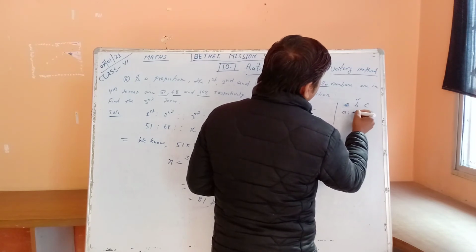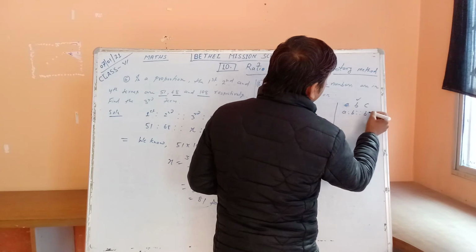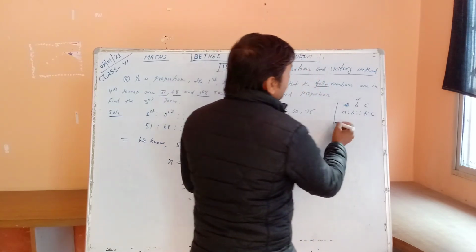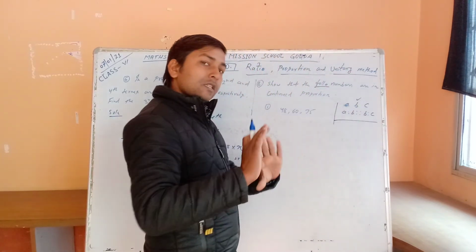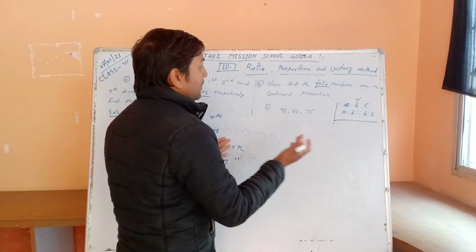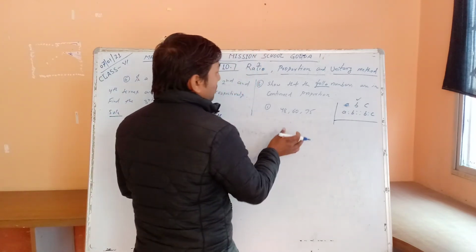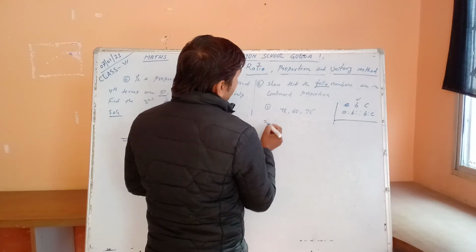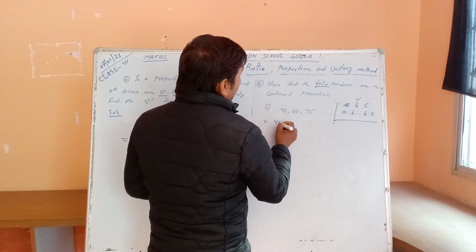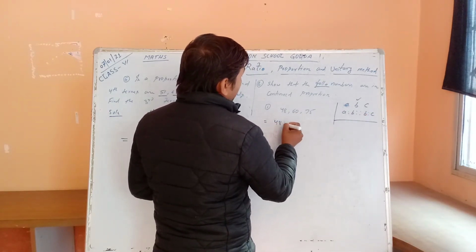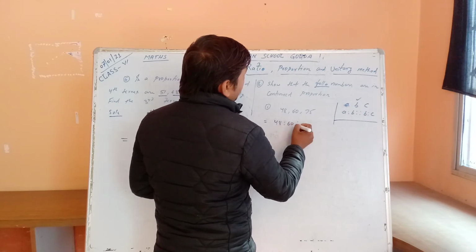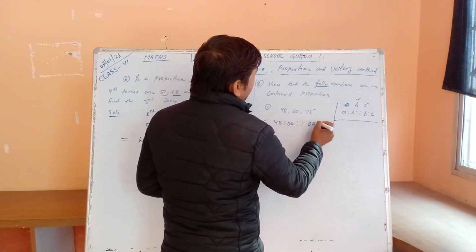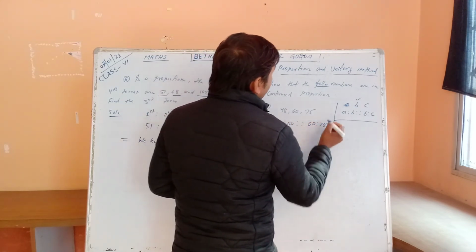A is to B as B is to C. In this form you have to write. Middle terms will be repeated. So here same process: 48 is to 60 as 60 is to 75.